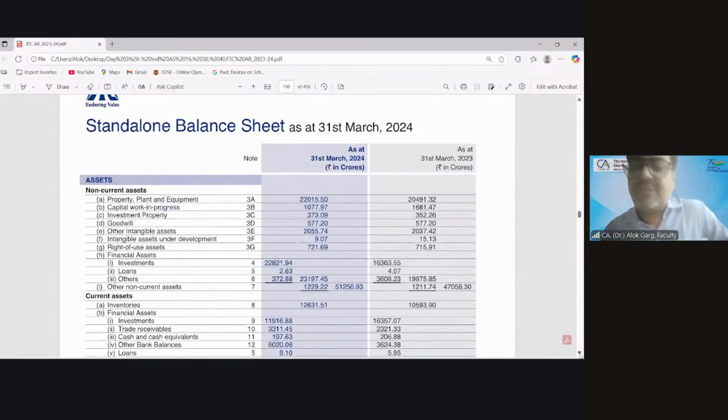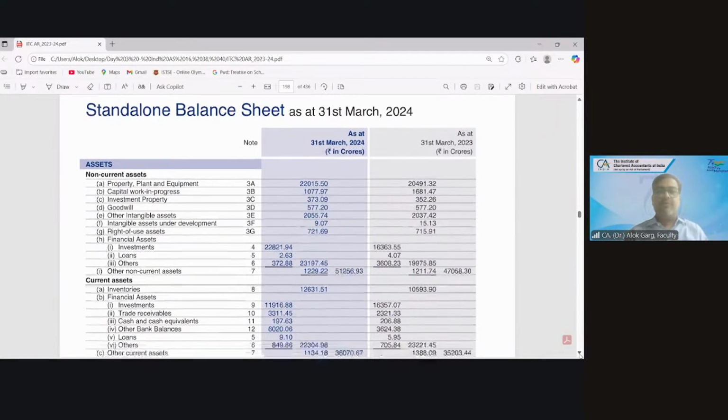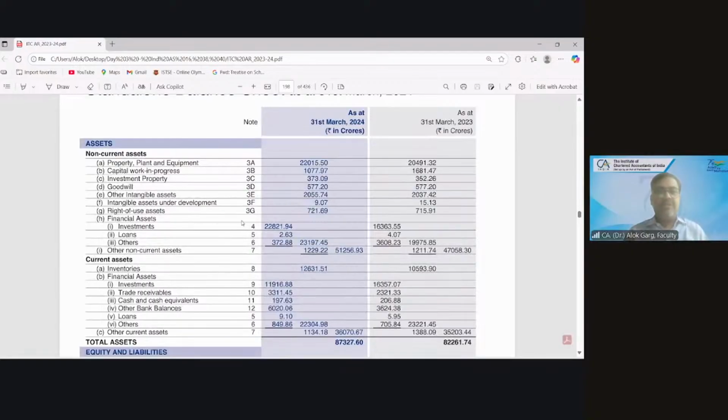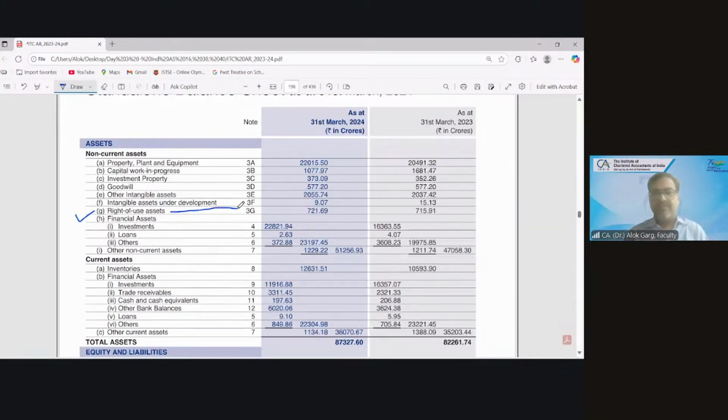This is the balance sheet on 31st March 2024. In the balance sheet, can you see point number G, right of use asset? And what is the value of the right of use asset? 721.69 crores. They have some offices and outlets on lease basis.